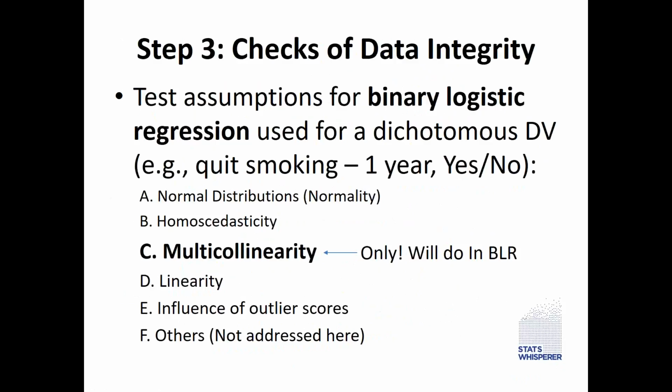But multicollinearity is the main check for our regression model. Now that's what I'm talking about. So we're getting our odds ratio, which is perhaps the greatest effect size we could end up with. And in terms of checks of test assumptions, we have a very reduced list, just multicollinearity.